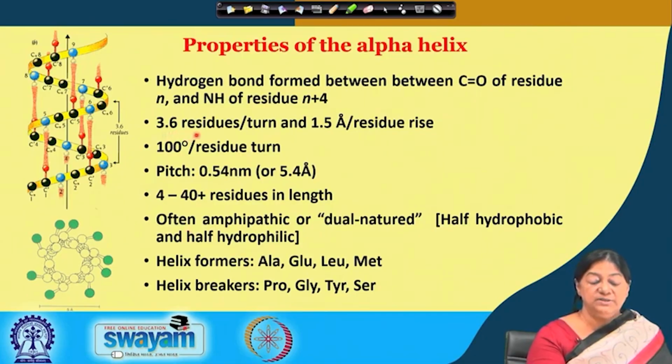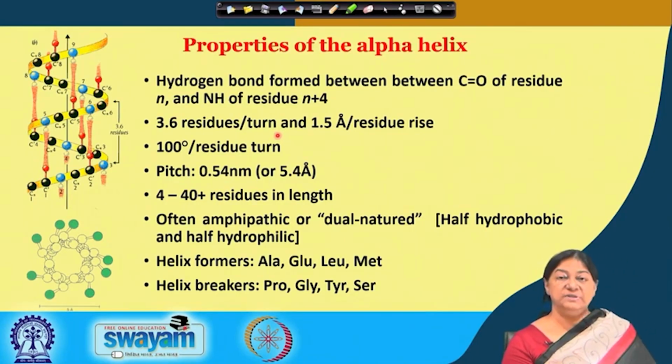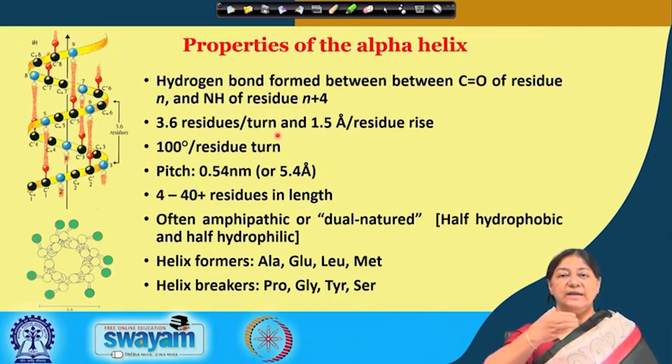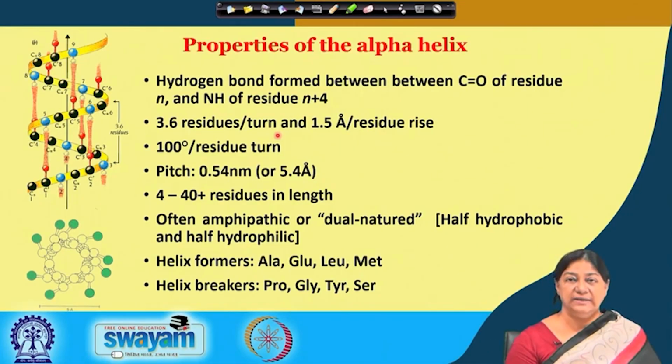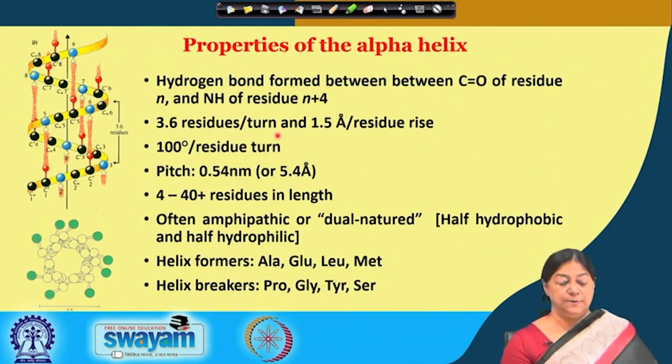There are 3.6 residues per turn, which means this is a typical alpha helix. When we look at the shape or how it is represented, we look at a right-handed helix in this fashion. If we know this is the rotation of the helix and this is the direction of the helix, that is what is called a right-handed helix. Similarly, if we look at a left-handed helix, we have a rotation in this fashion and the directionality here.